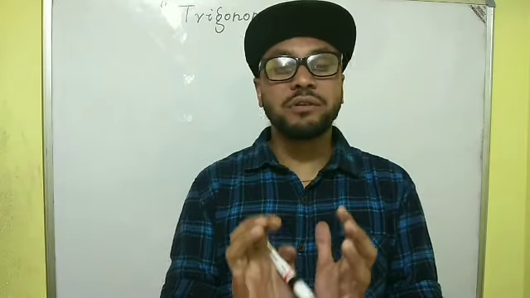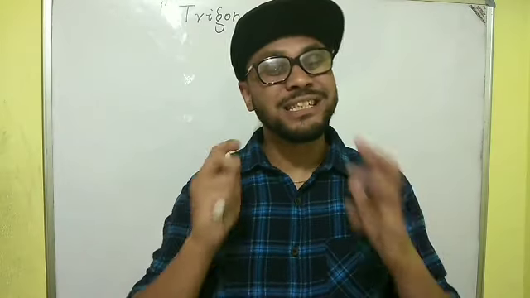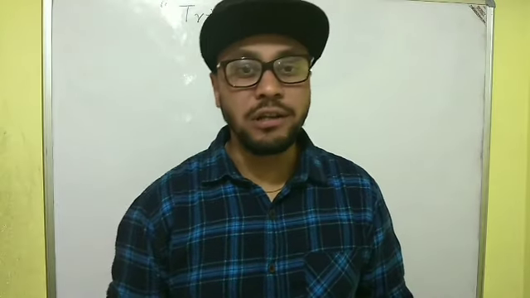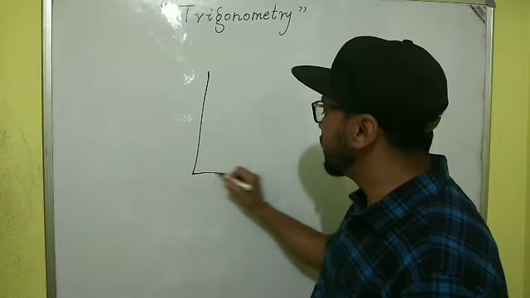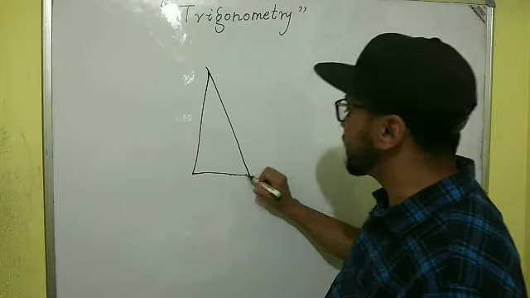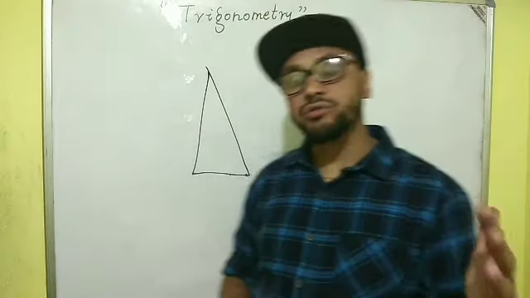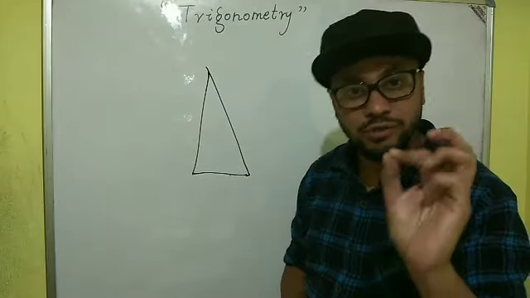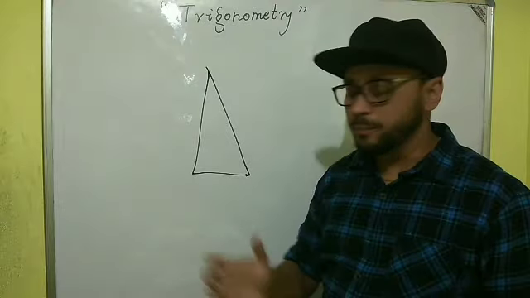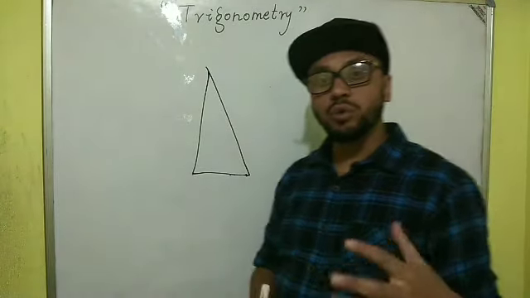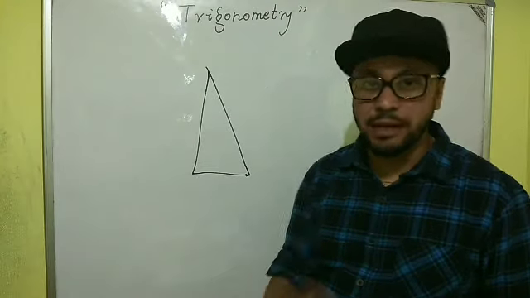It helps us to find the sides and the angles of only and only a right angle triangle. Keep this in mind, only and only a right angle triangle. There are different types of triangle, but we can use trigonometry only if the triangle is a right angle triangle.